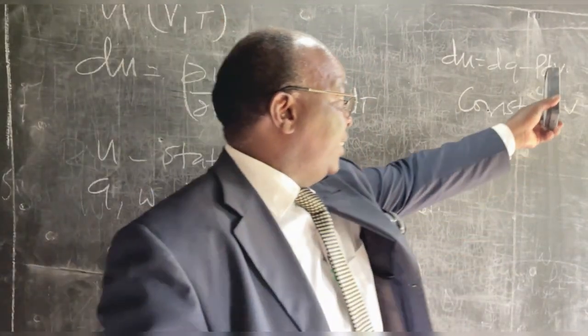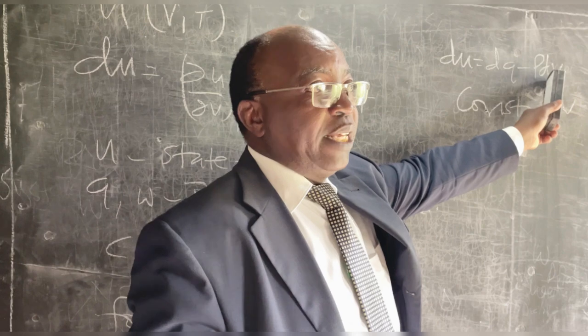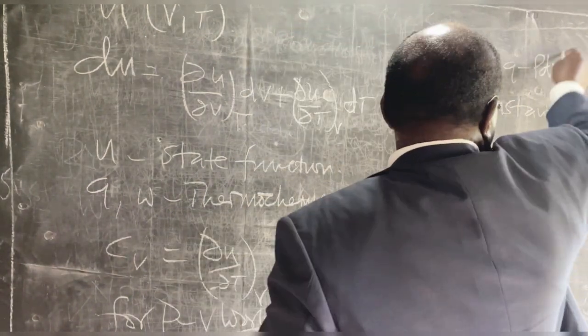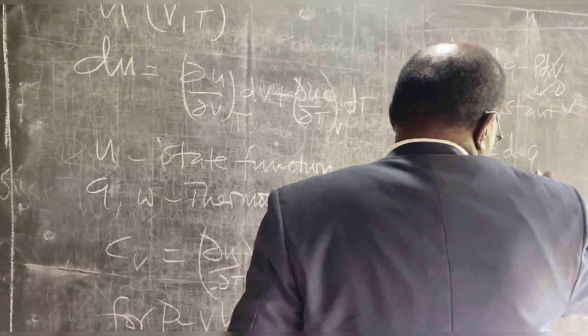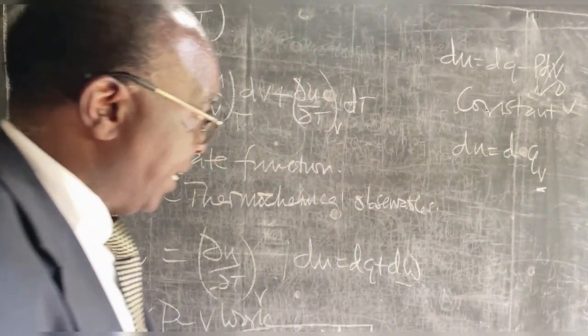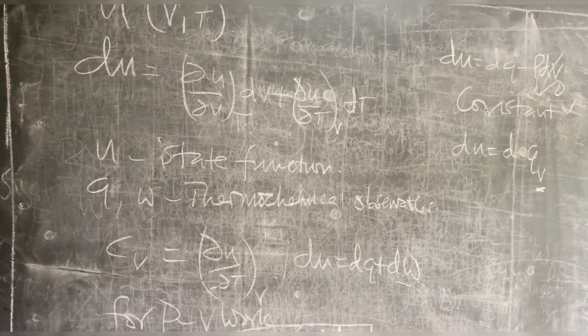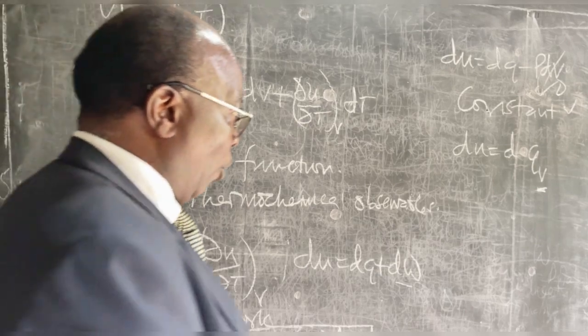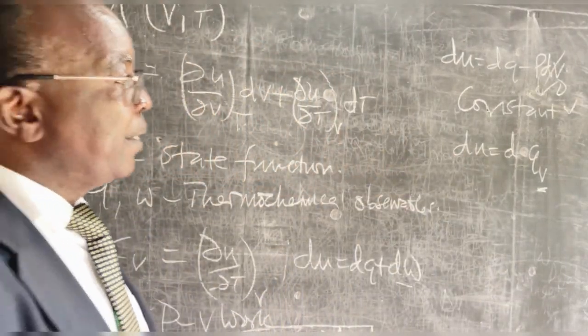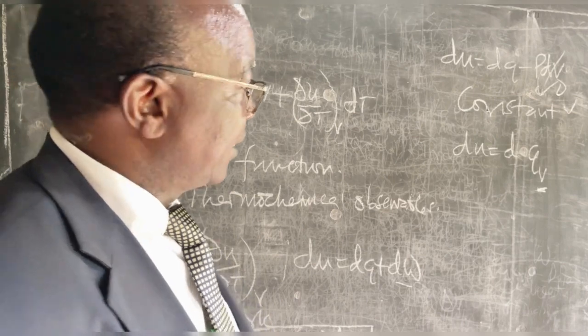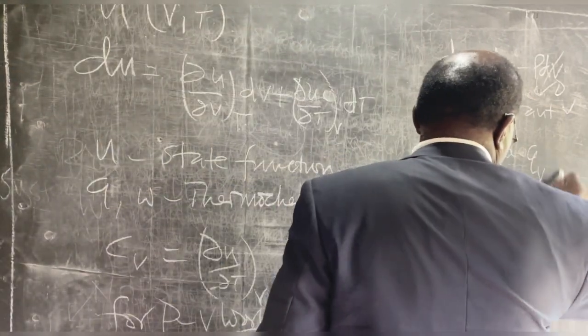So if you constrain the system to constant volume, then you know that this dV will be 0. In other words, there's no change in volume, so that this quantity will be 0. So dU will be equal to dq, and now we can put a subscript V there to indicate that it is heat transferred at constant volume. So the change in internal energy can be determined if you do those measurements under constant volume.